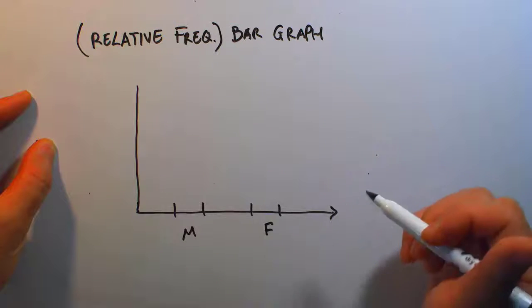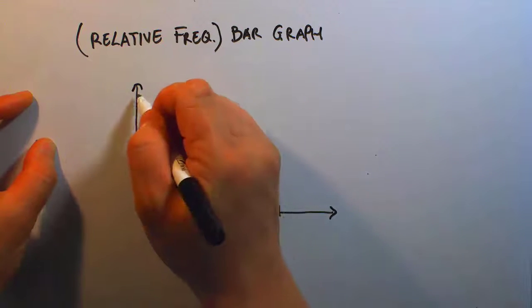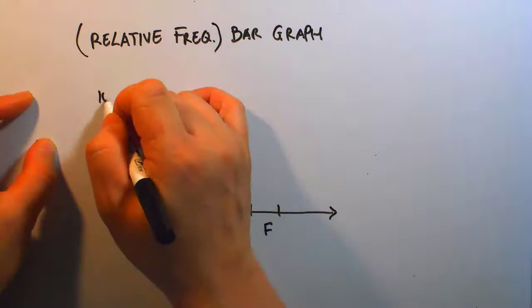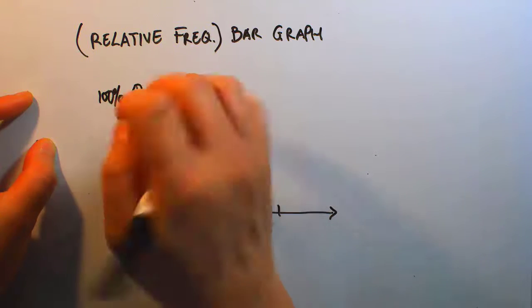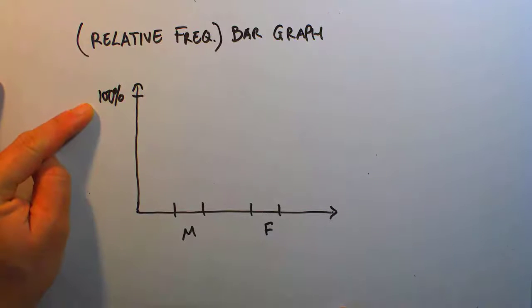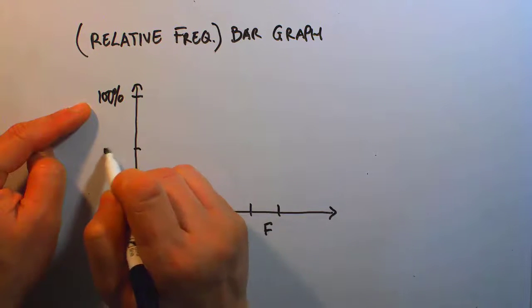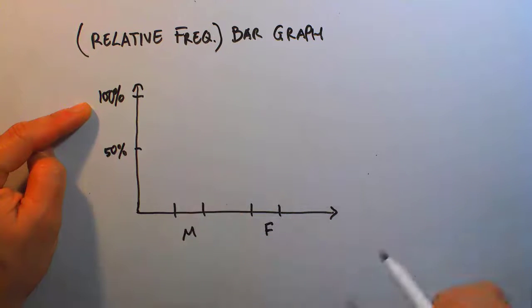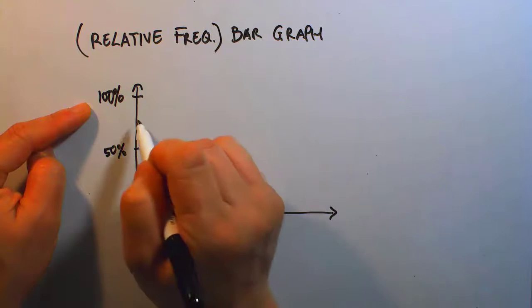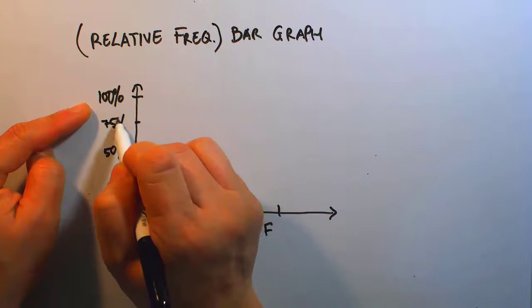The only strict requirement when you are doing relative frequency is that the maximum full scale always needs to be 100%. So set your own scale, but that maximum scale must be strictly 100%. In that way, it's easy to recognize that halfway is 50%, and the quarters are 25% and 75%.